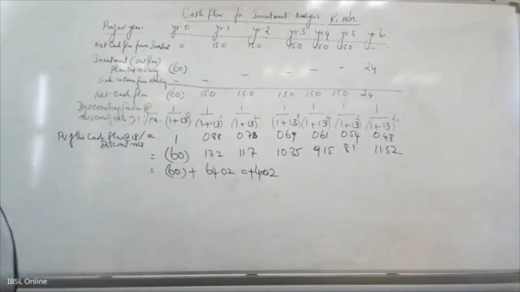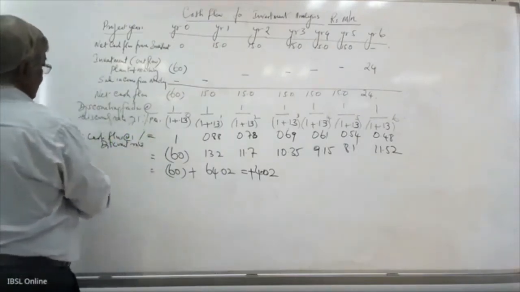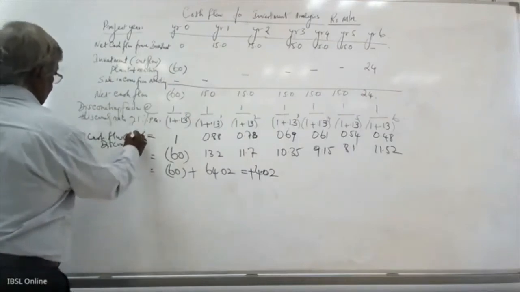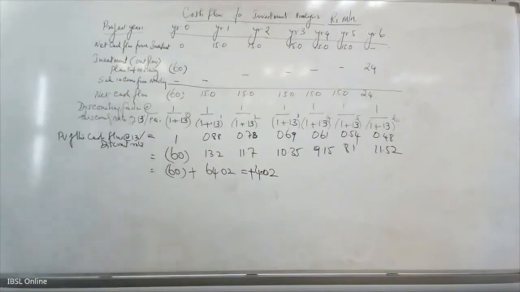So now, here, of course, I made a mistake again. Here it is 13%, right? Sorry, 13%. So the PV of the cash flow at a 13% discount rate is calculated.